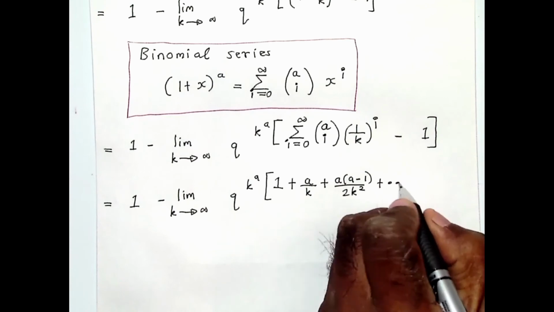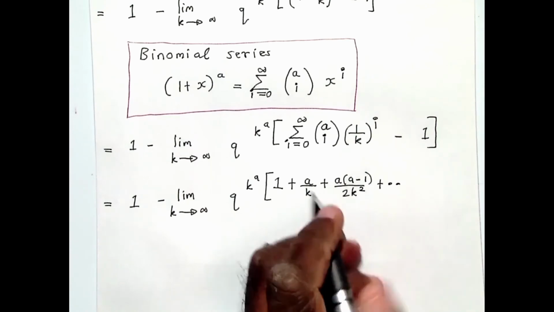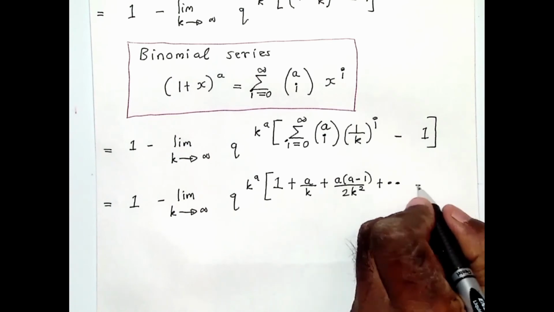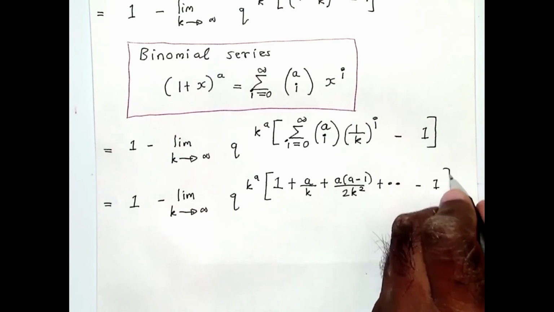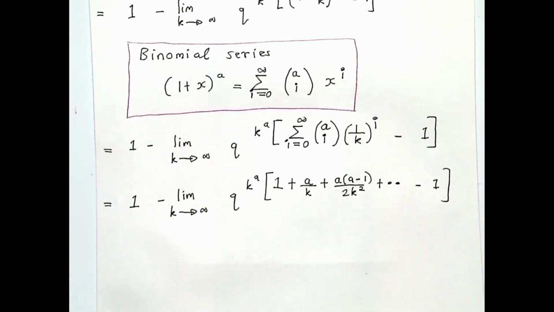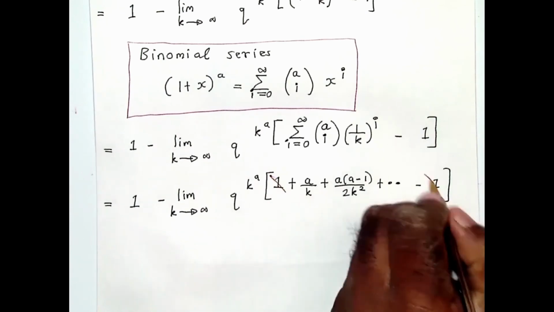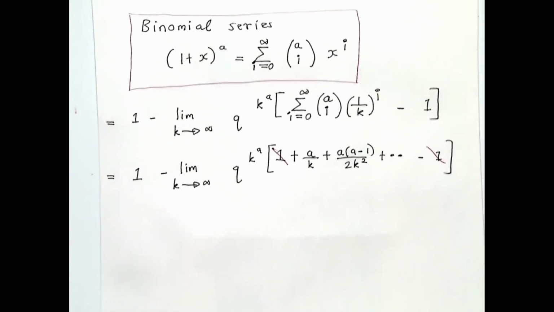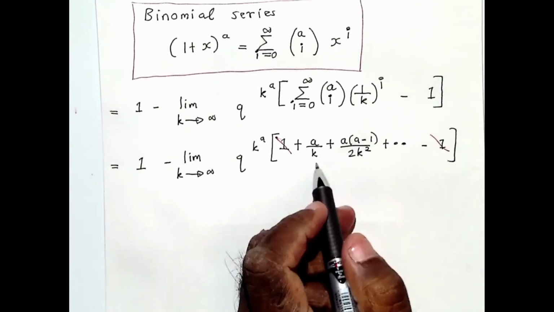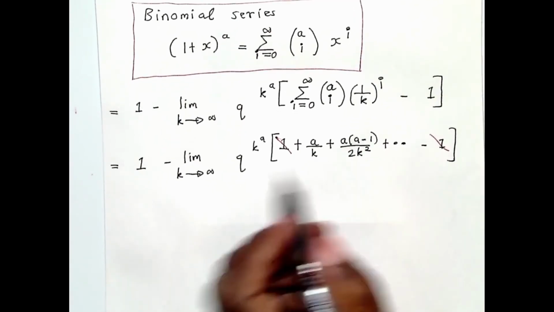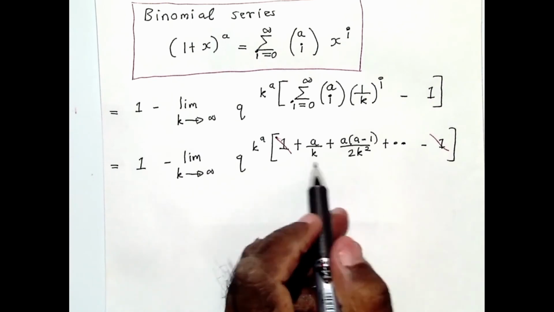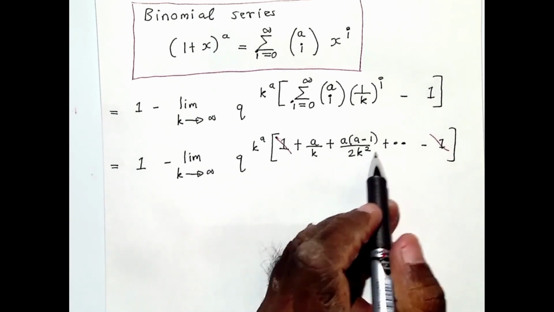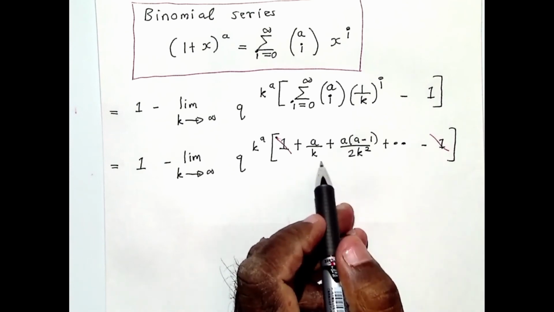So these are the first 3 terms of the binomial series, and you're subtracting a minus 1. So you see these 2 ones cancel out. Now what you need to realize here is that as k goes to infinity, this term is much larger than this term, because here you have k power 2, here you only have k.